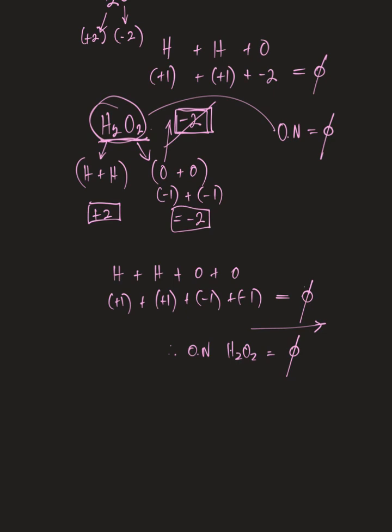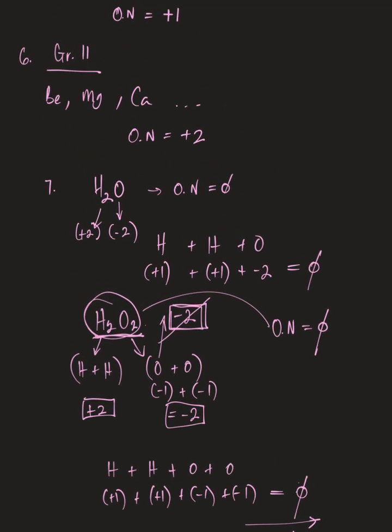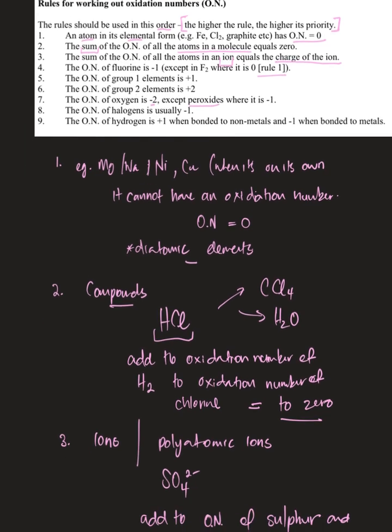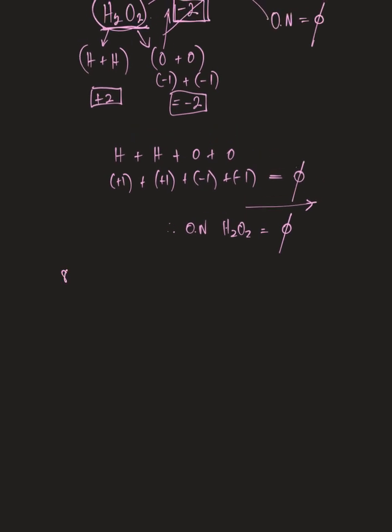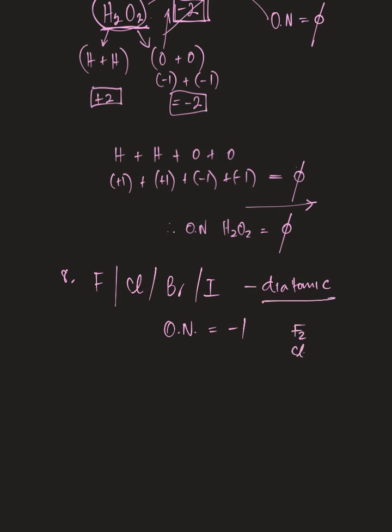Does that make sense? All right, let's have a look at number 8. Number 8 says the oxidation number of all halogens is -1. Your halogens, fluorine, chlorine, bromine, iodine, all have oxidation numbers equal to -1. Please also remember that all of these are diatomic. When they're in their diatomic state, F2, Cl2, Br2, I2, then the oxidation number is equal to 0.